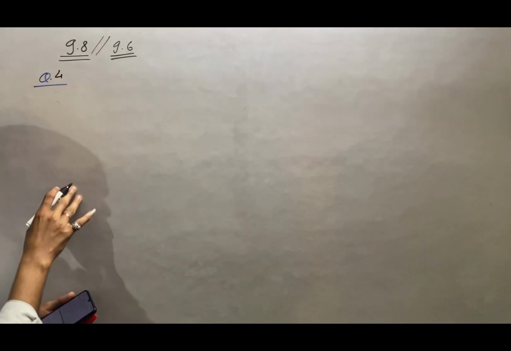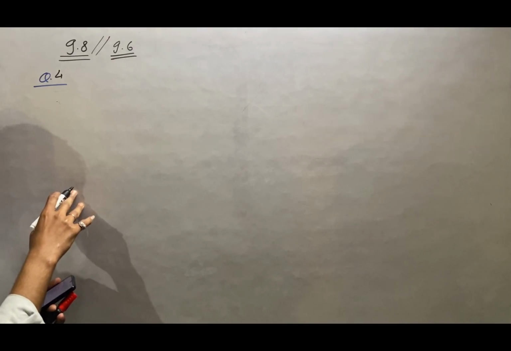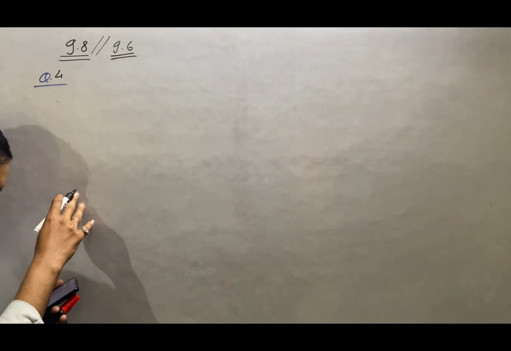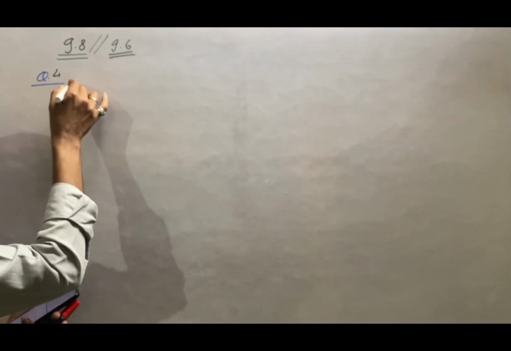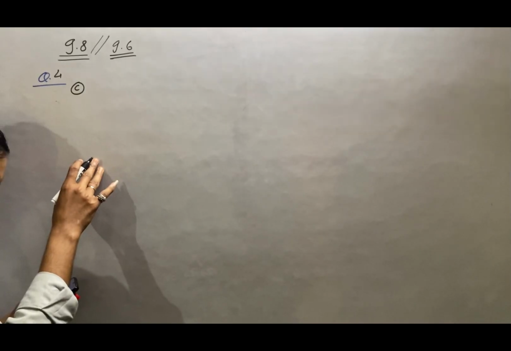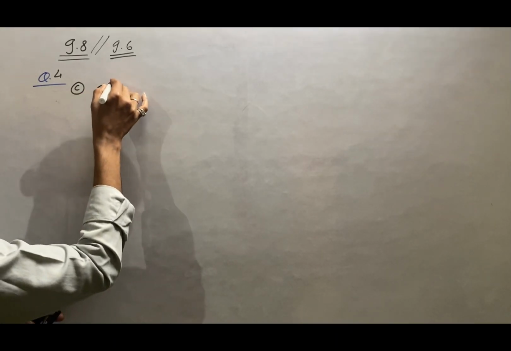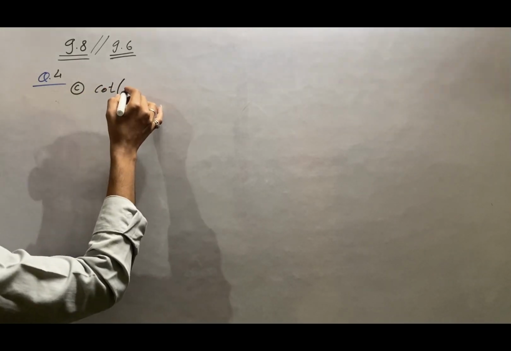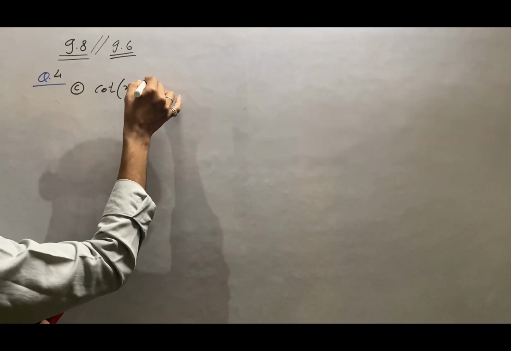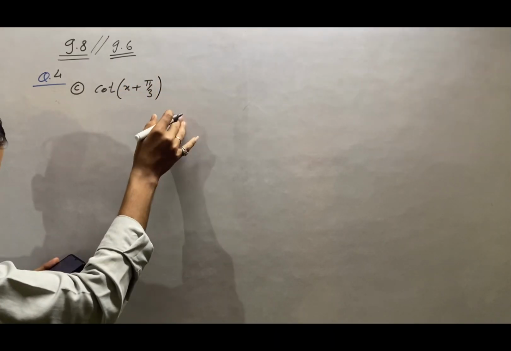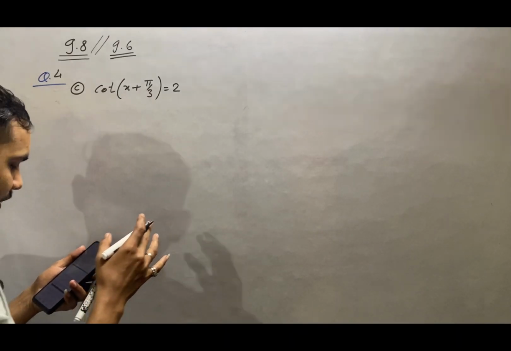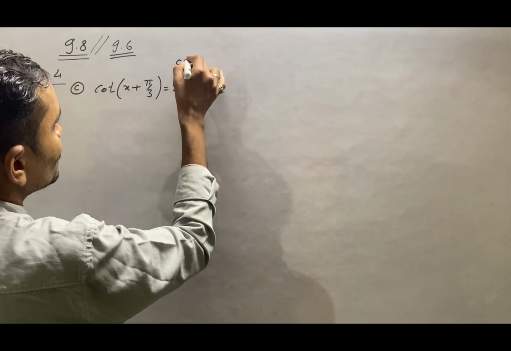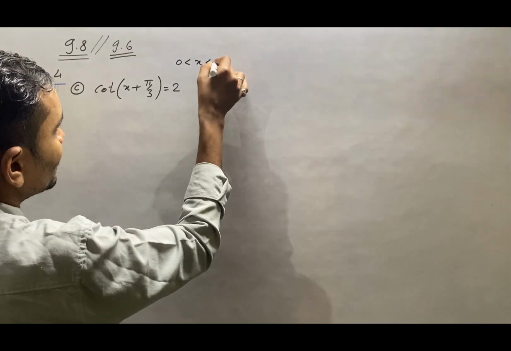It's question 4. So in question 4, can we do C? In C we have cot of x plus pi over 3 equals 2, and the range is given 0 less than x less than 2 pi.